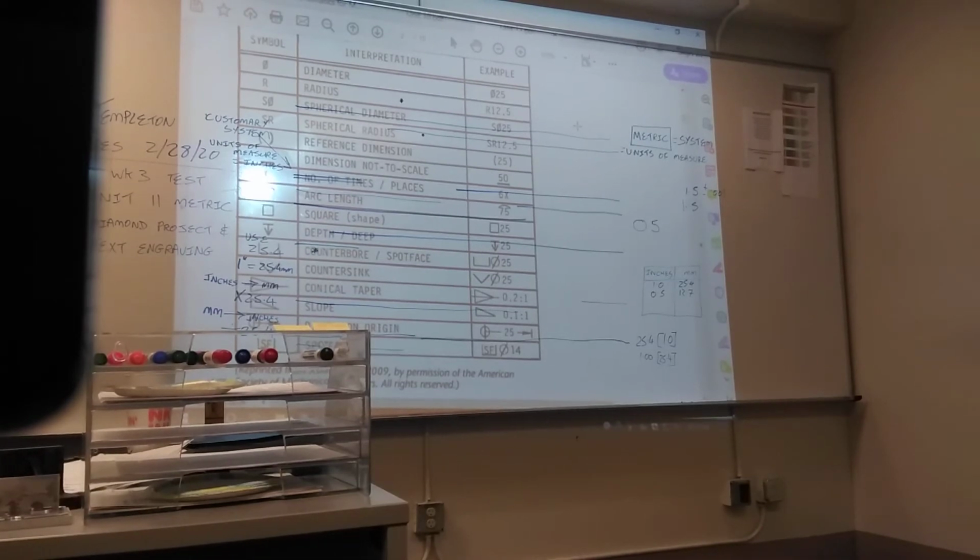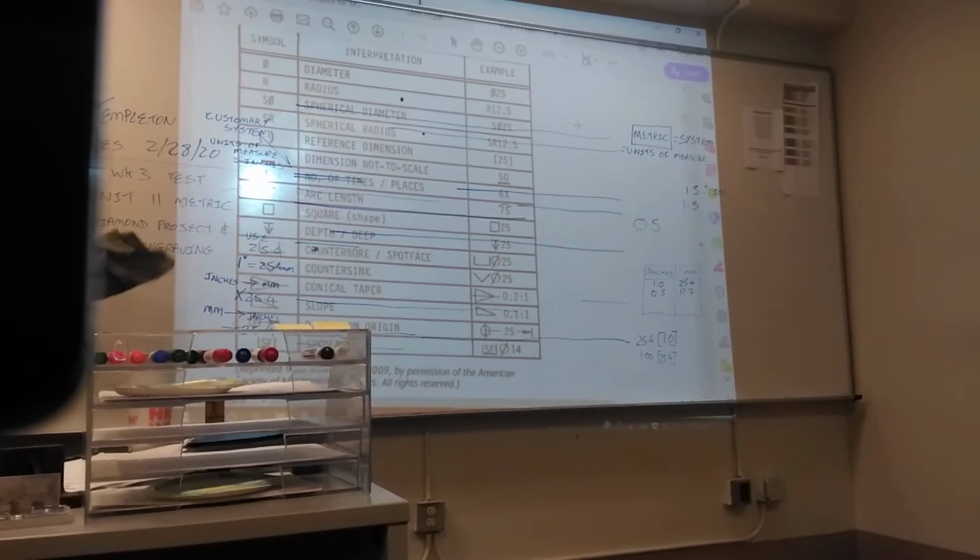So it all depends on what you're going to do with the part. If you have to make the whole piece, I would ask the drafter, hey, can you just print this in inches for me? All he has to do is change the mode on the CAD-CAM software, and it'll print it and it's done for you. But if the company sent you this print, then you don't have to convert it. So it all depends.